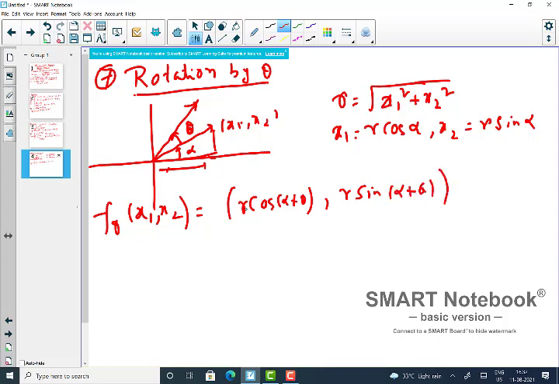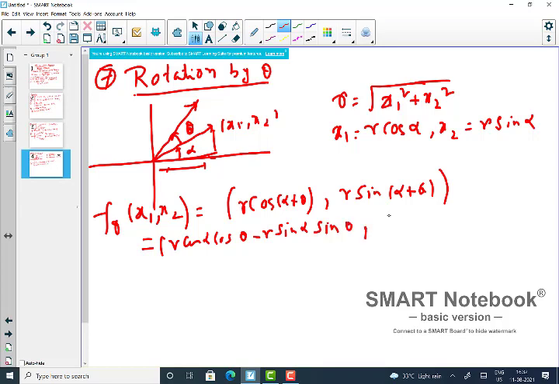Now this is the simple formula to find this, the cosine formula. So it will be r cos alpha cos theta minus r sin alpha sin theta, right?